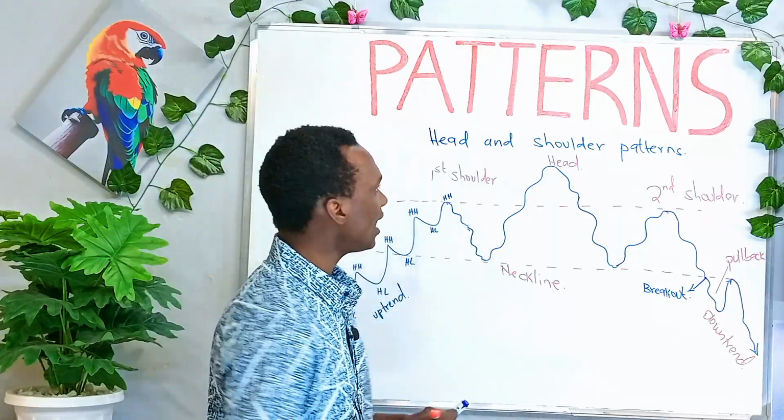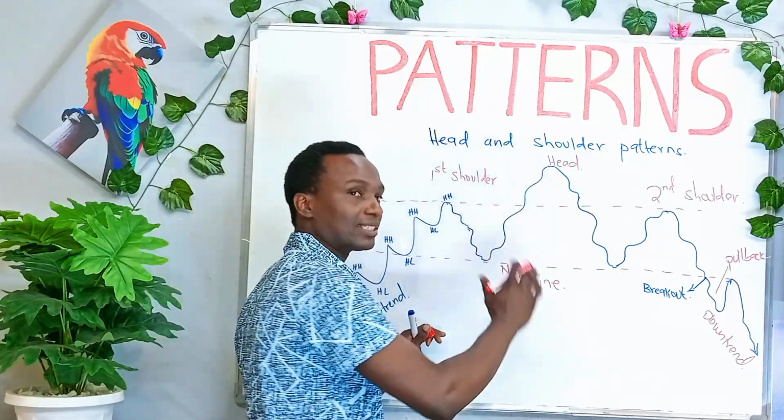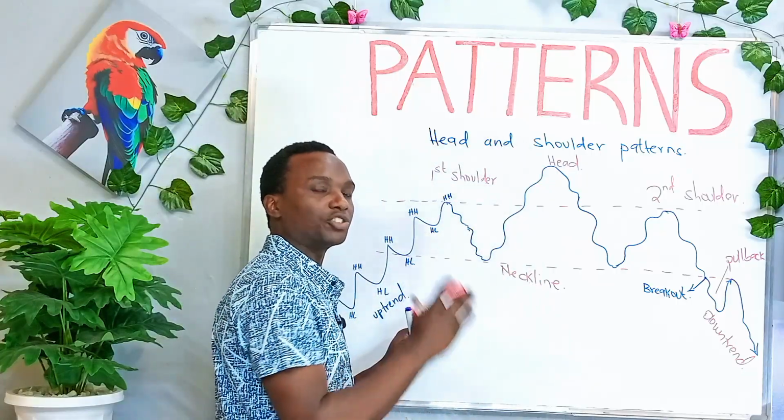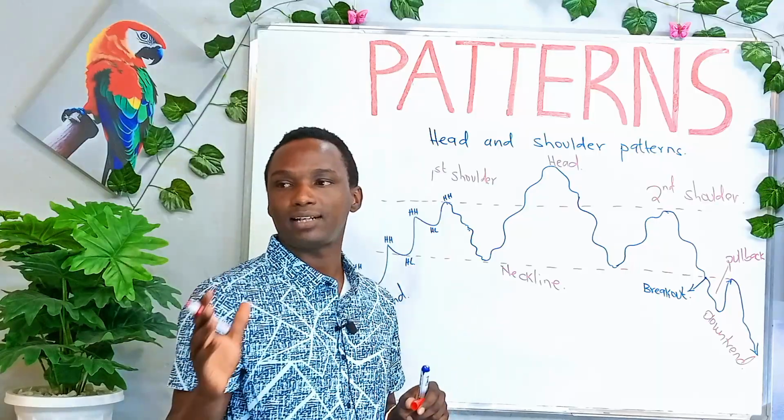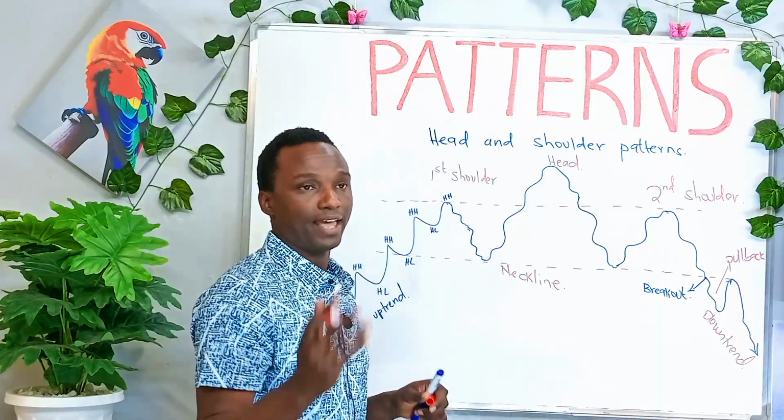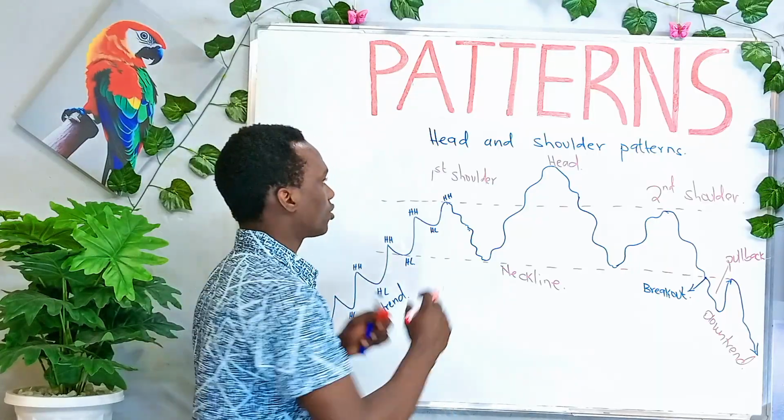As I've said, the head and shoulder pattern is also a trend reversal formation, just like what we had learned on the double top and the double bottom.